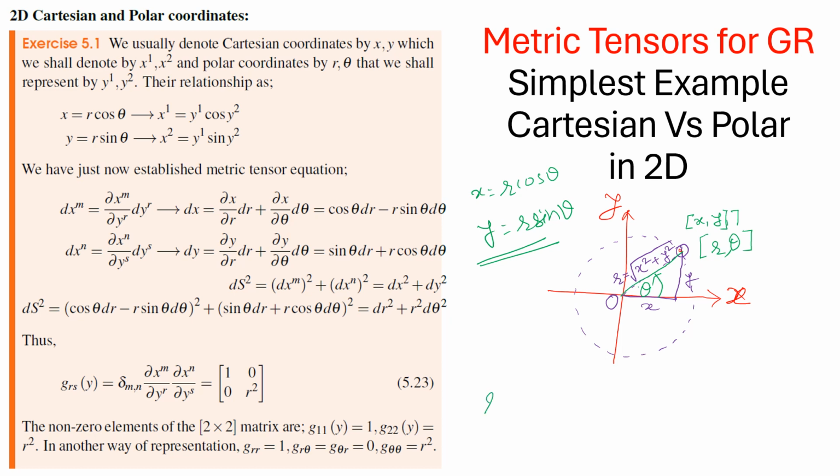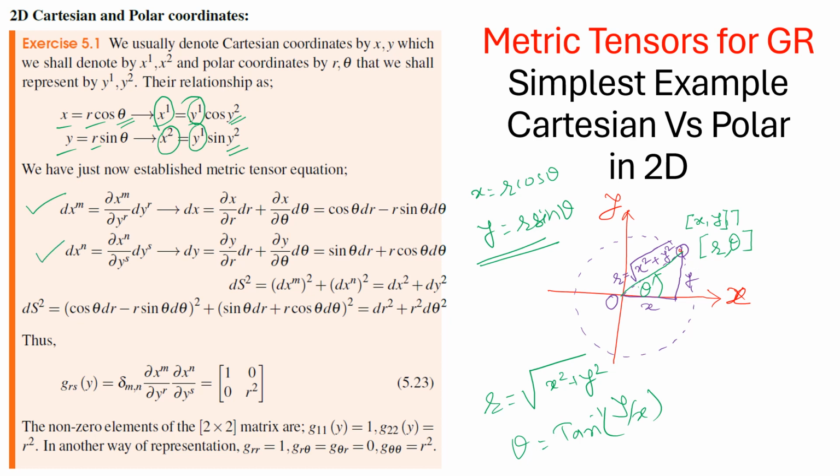The inverse transformation relations are r is equal to the square root of x square plus y square, and theta is equal to tan inverse of y by x. We have already learned this in junior college, and when we want to make a generalized representation, instead of x I am writing x1, and instead of y I am writing x2. So r is being written as y1, and theta is being written as y2. This is not y square.